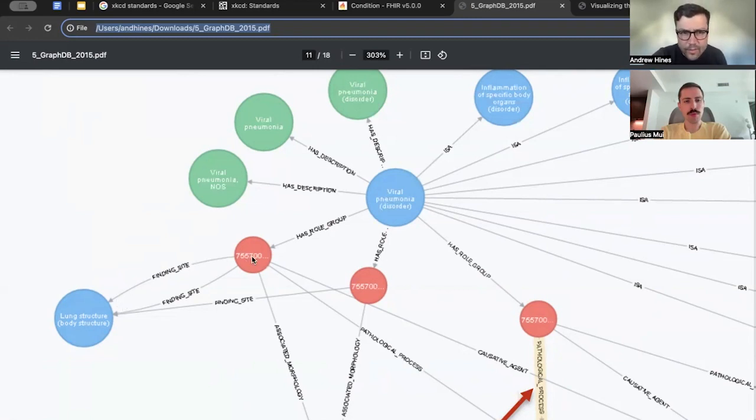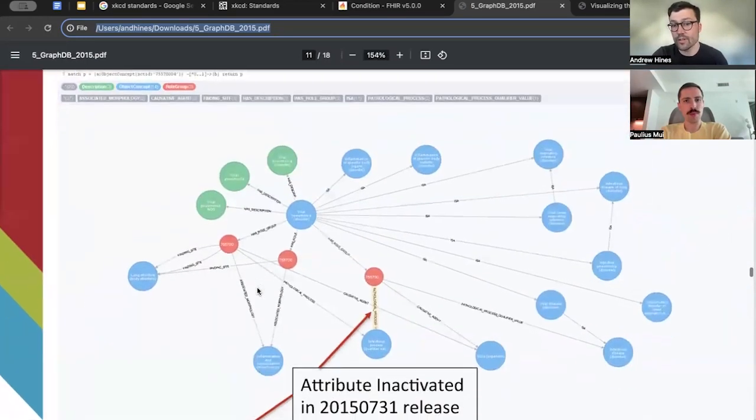So unfortunately, we can't read this particular concept, but I think this is probably like some specific finding related to viral pneumonia. And then we're connecting it through this relationship or this attribute of finding site that was found in the lung structure, right? And so these concepts can be composed in a much richer understanding.